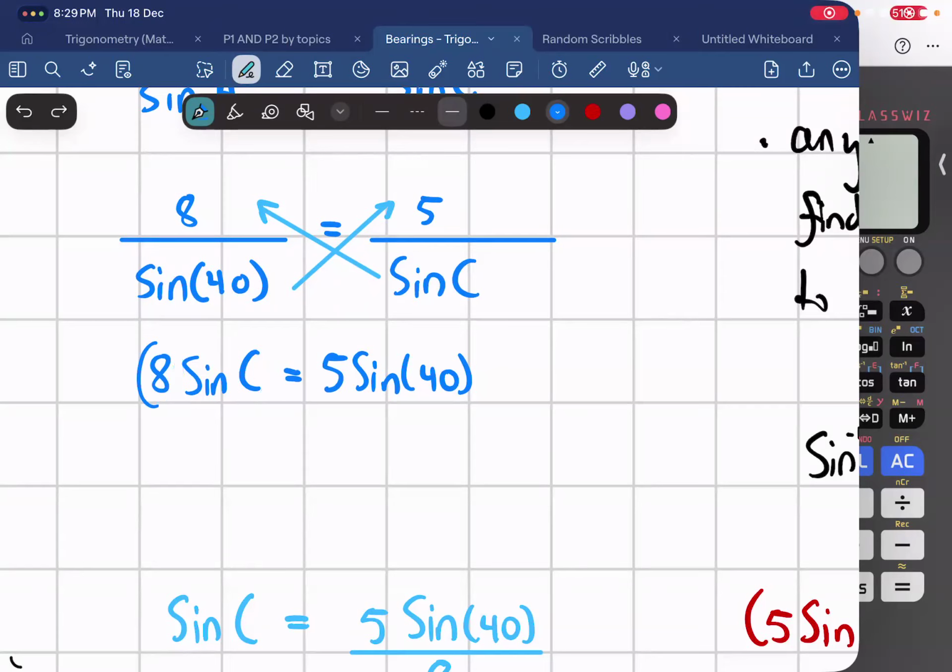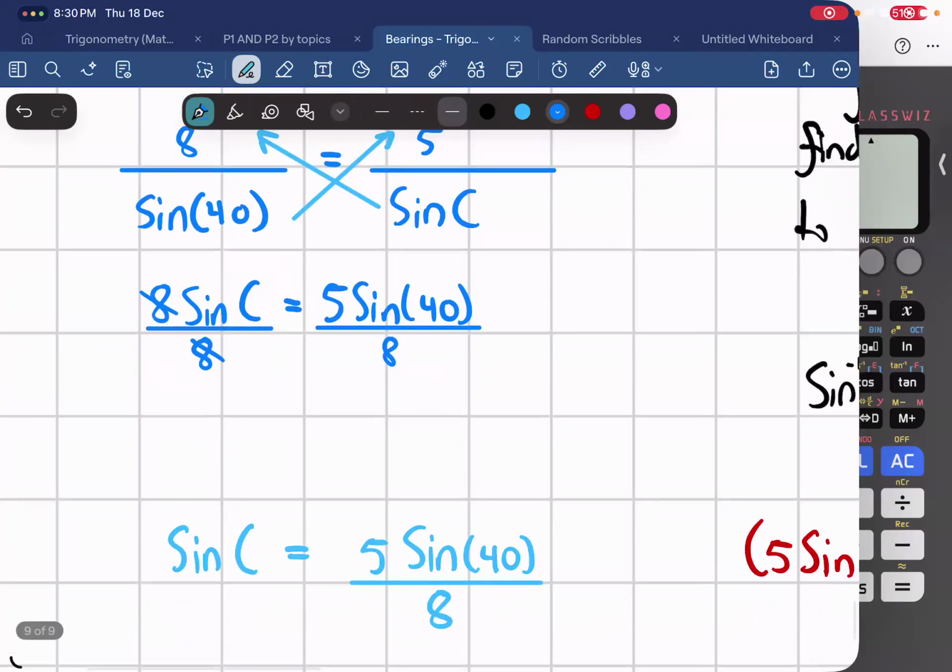So we need to get rid of the 8. What's the opposite of multiplying by 8? Divide. And if I do something on one side, I do it on the other side. That's why, and we end up with sine C is equal to 5 sine 40 over 8.